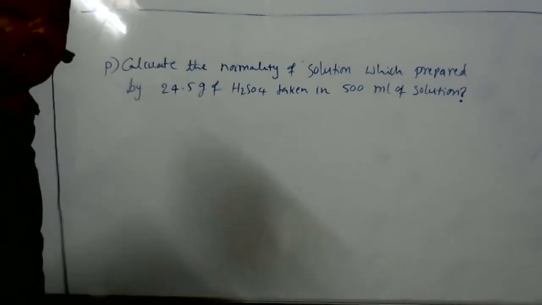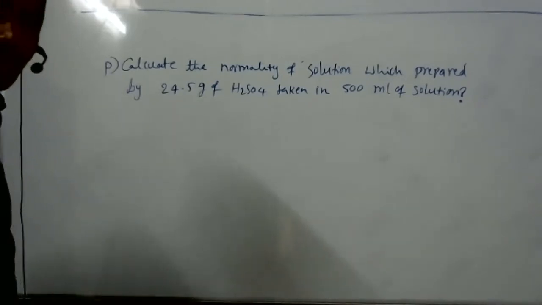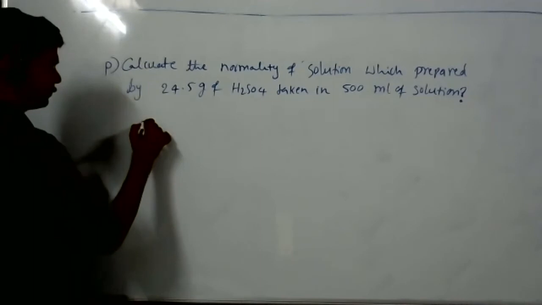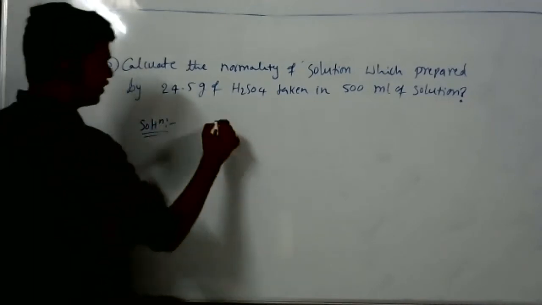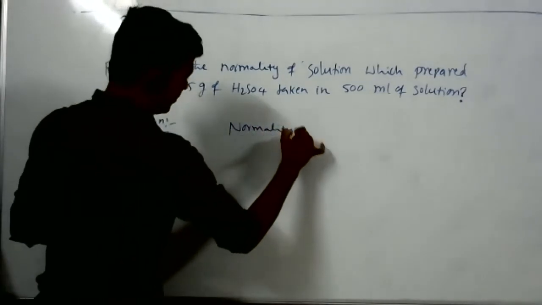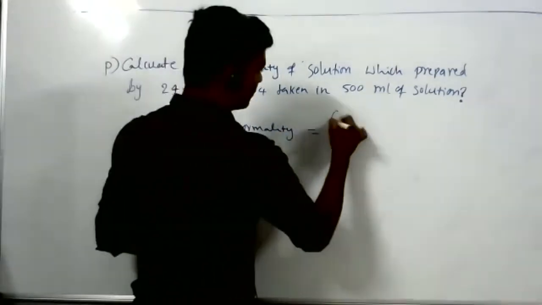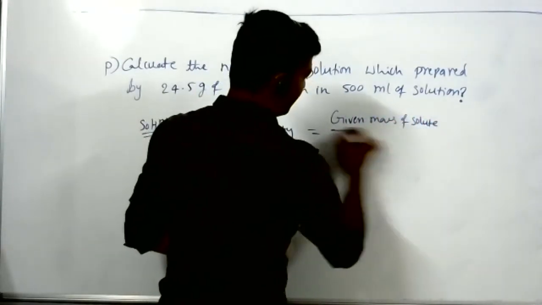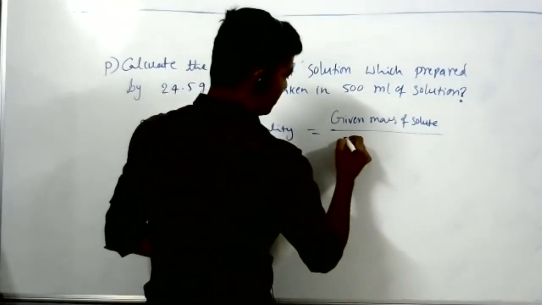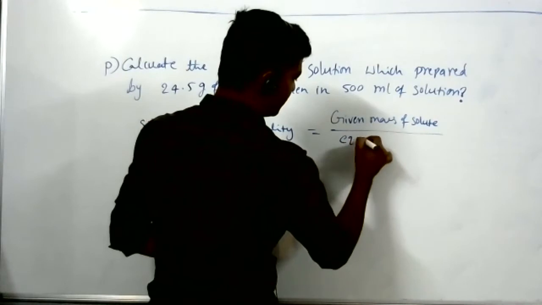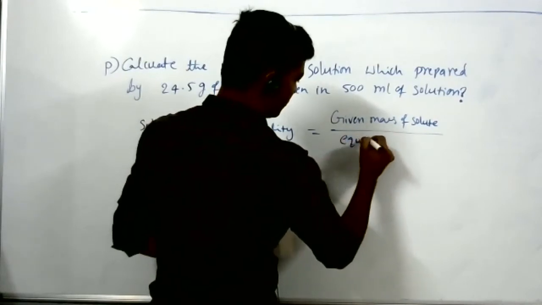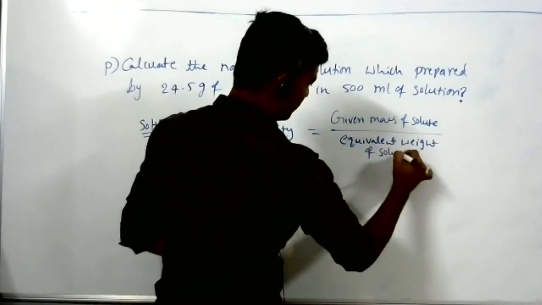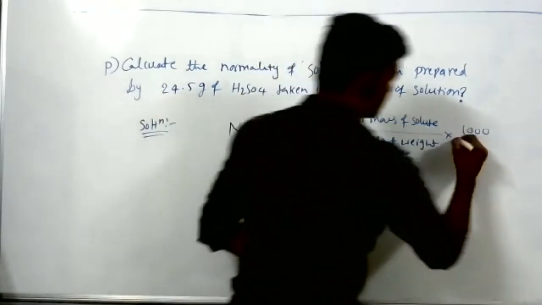See here, a solution which is prepared by taking 24.5 gram of H2SO4 in 500 ml of solution. See the normality formula: given mass of solute divided by equivalent weight of solute, into 1000 by volume of solution.